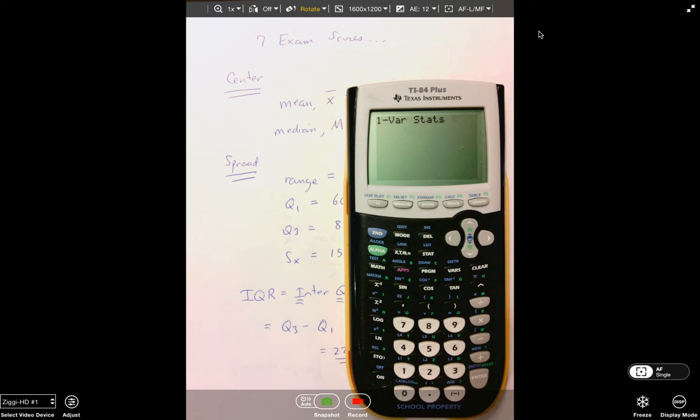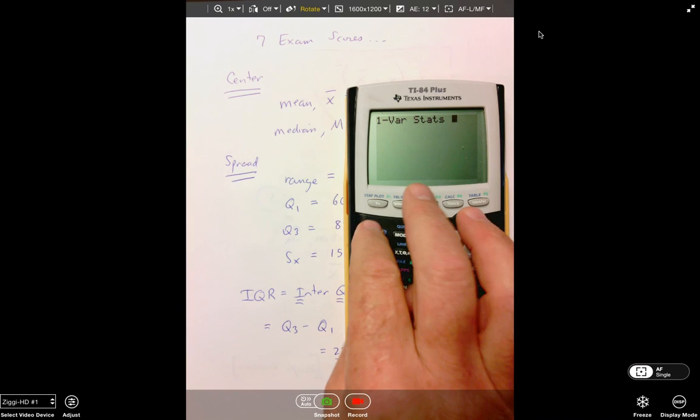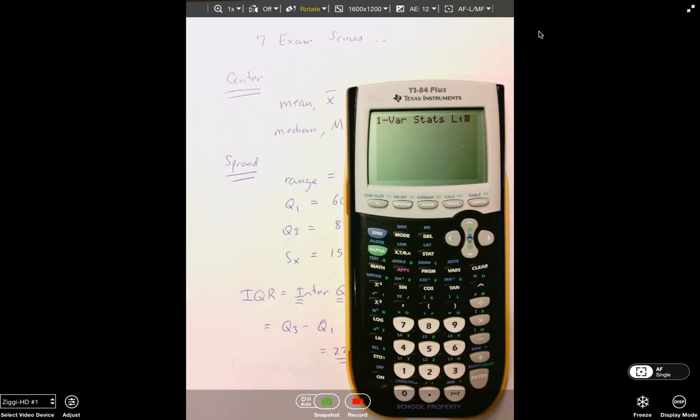So all you have to do, if you look above your L1 through L6 keys, in blue or yellow letters depending on your calculator, you will see L1, L2, L3, and so on. I put my data in L1, so I need to hit second function 1 to put an L1 there. And when I do, I will get the answers.